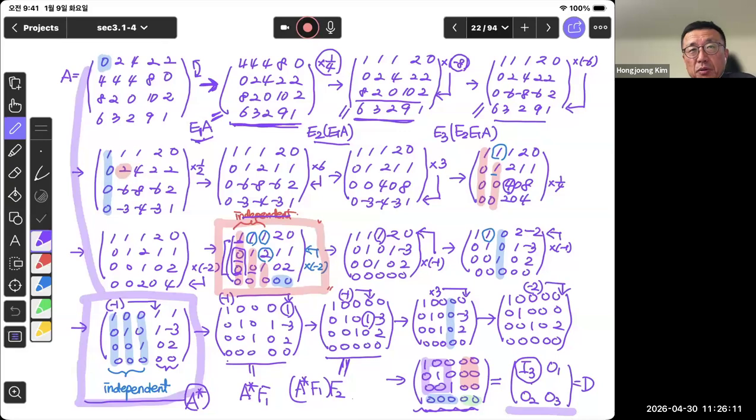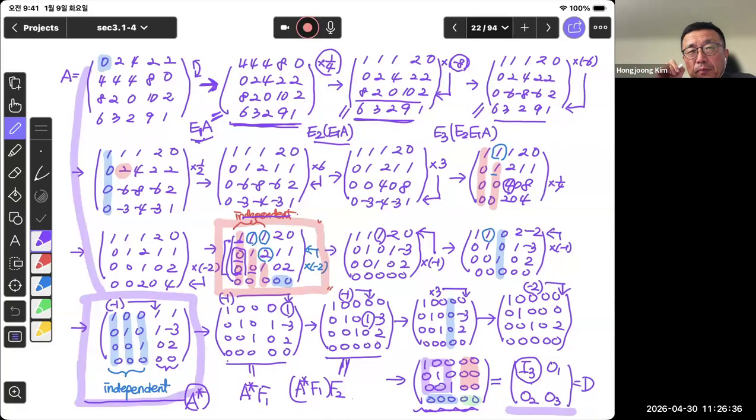Why? Because in that case, the rank of the matrix inside the red box would be 3, but I have a 4 by 4 invertible matrix, so the rank must be 4.